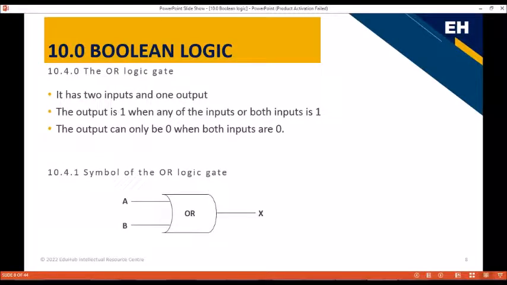The third logic gate we shall be learning is the OR logic gate. And here are the characteristics. It has 2 inputs and 1 output. The output is 1 when any of the inputs or both inputs are 1. Now the output can only be 0 when both inputs are 0.